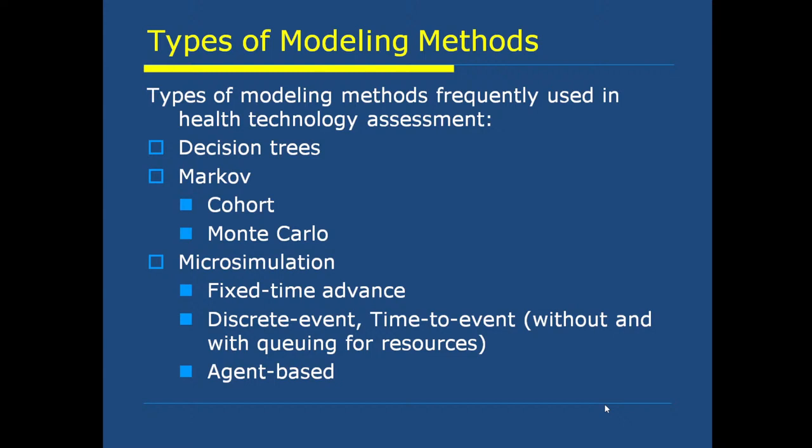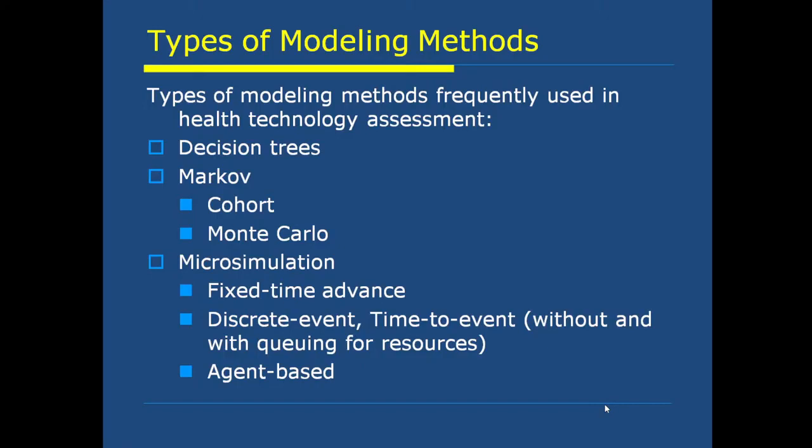At this slide, all types of modeling methods we can divide into different subcategories. Types of modeling methods frequently used in health technology assessment. There are three types: decision trees, Markov models, and microsimulation models.